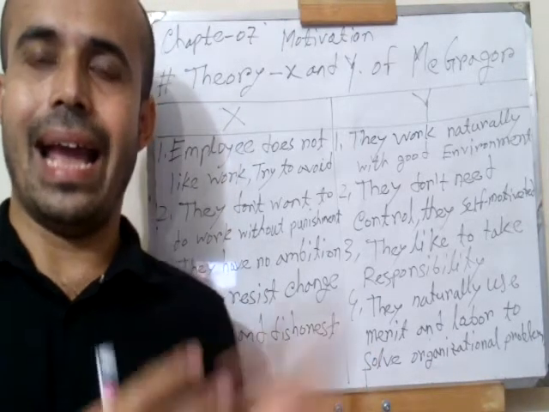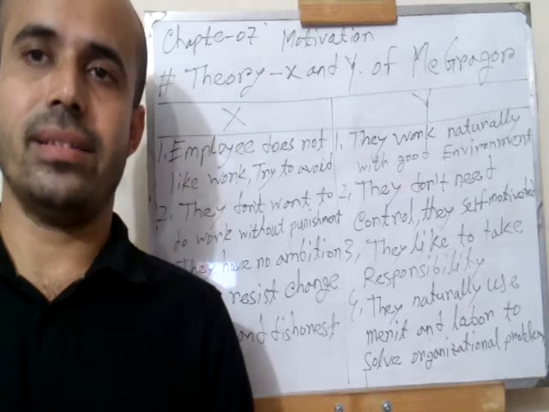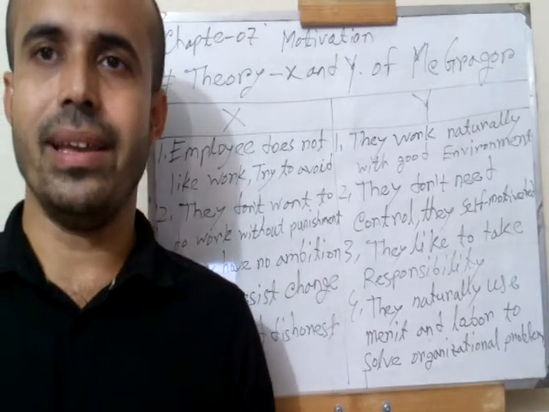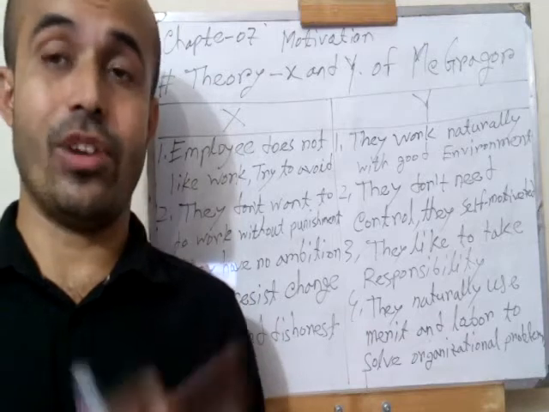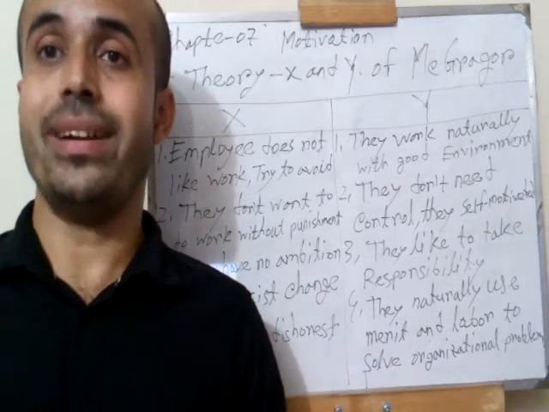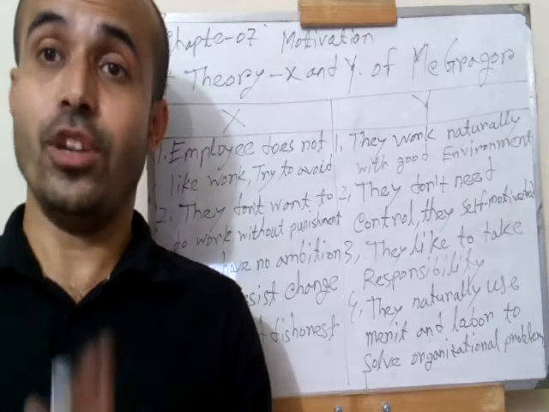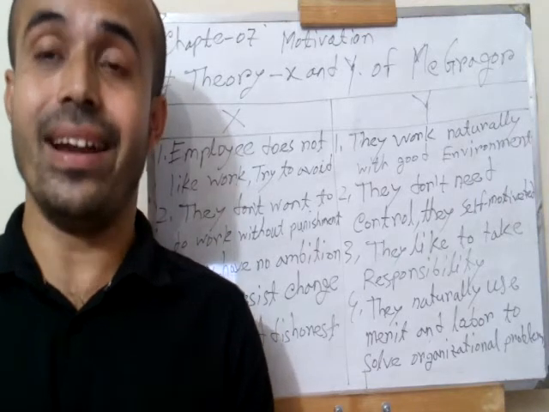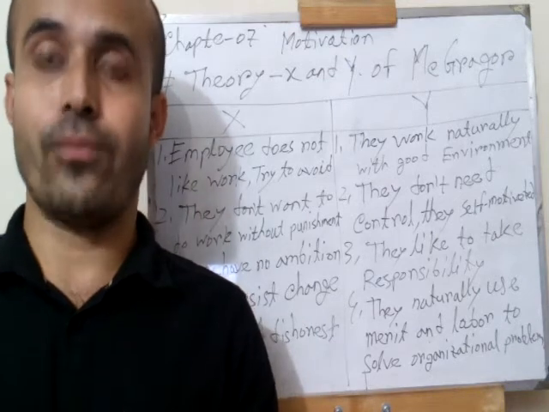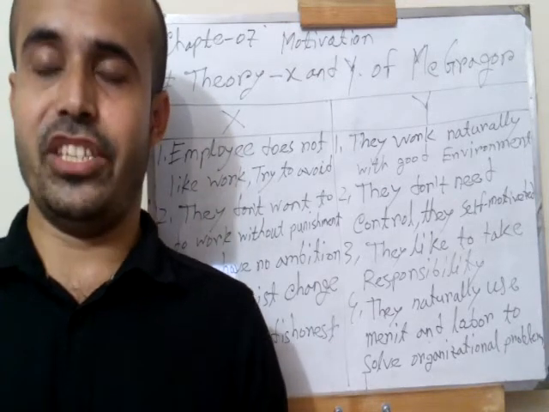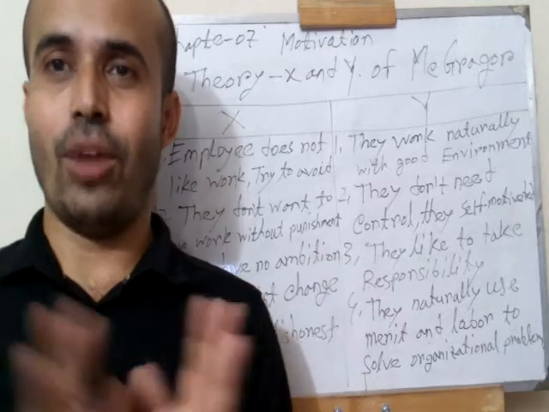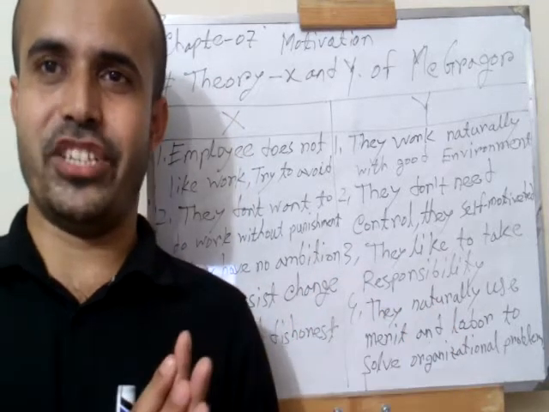In the X theory, McGregor tried to explain the negative attitudes of the employees, how they behave in an institution. And on the other side, in the Y theory, McGregor tried to show that employees are positive about work, eager to do their job properly in the organization. So those are the two sides of employees in an organization.